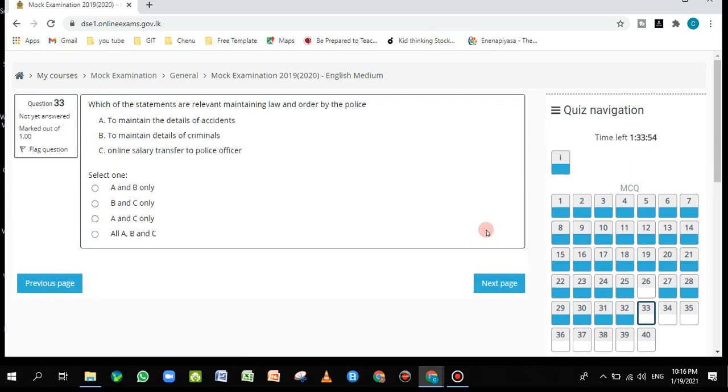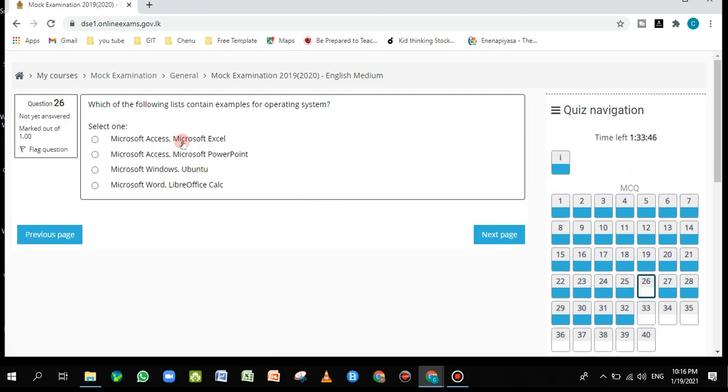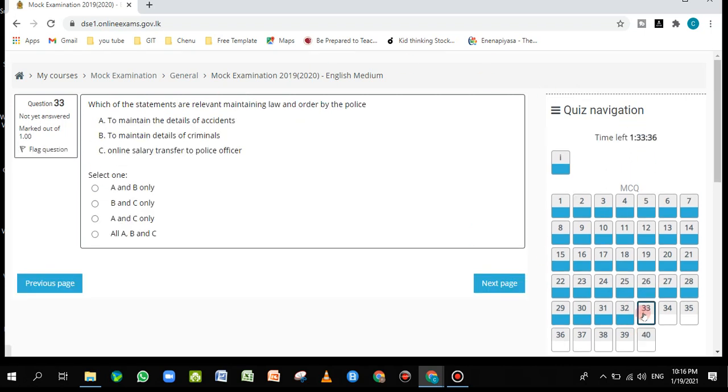It says which of the statements, yeah, number 26 we didn't answer. We'll just go and see. Which of the following lists contains examples of operating systems? Microsoft Windows and Ubuntu. Then I'm going back to number 33.